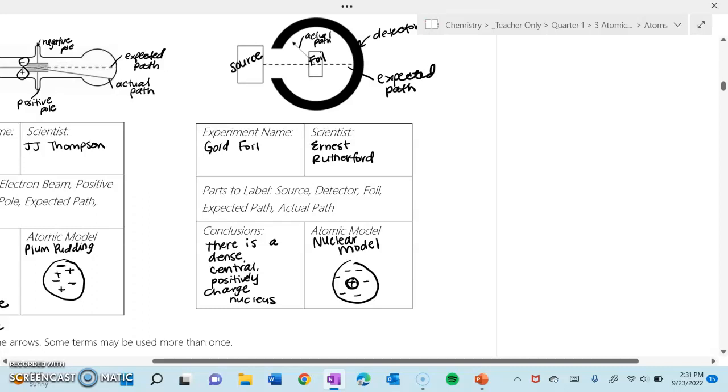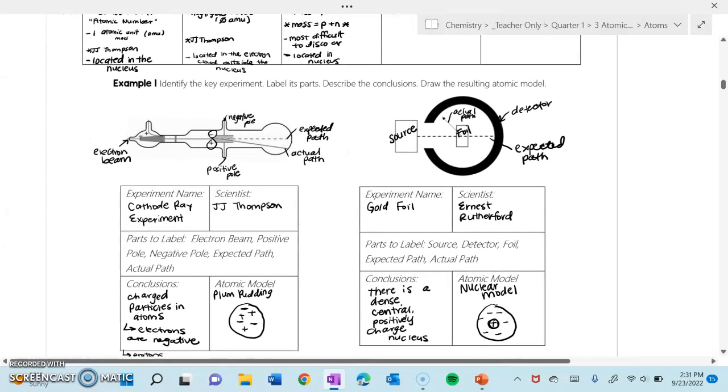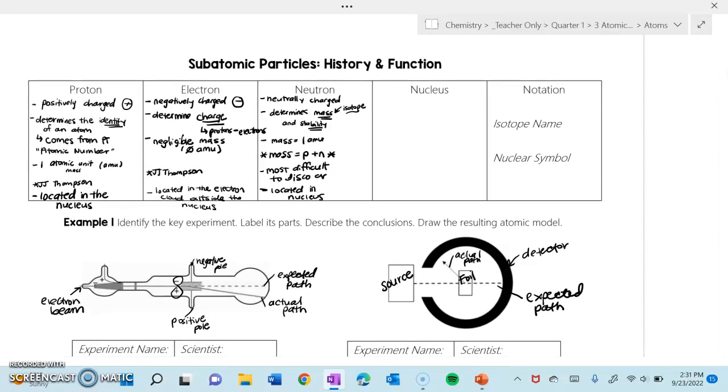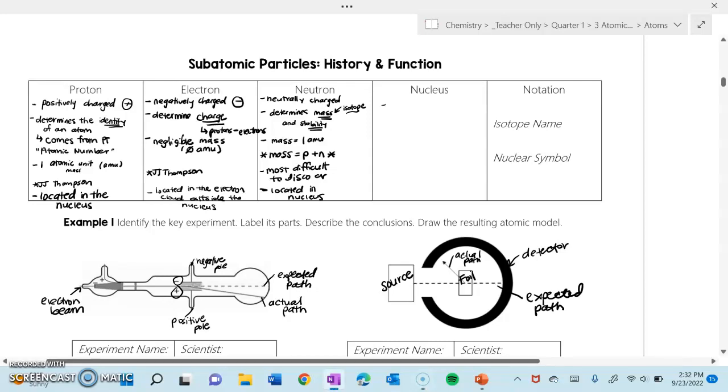And this is close to the actual model of the atom, but we had some more developments that show us a little bit more about the placement of the electrons. Let's go ahead and define nucleus. We just talked about it. It's a dense, positively charged mass in the center of an atom. So our nucleus is positive, and it contains neutrons and protons.